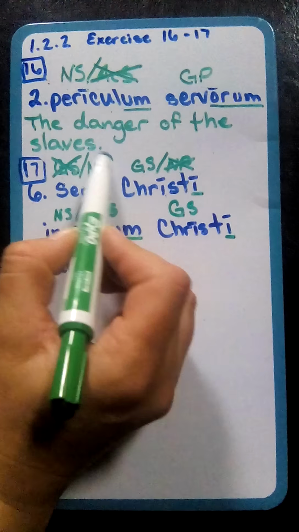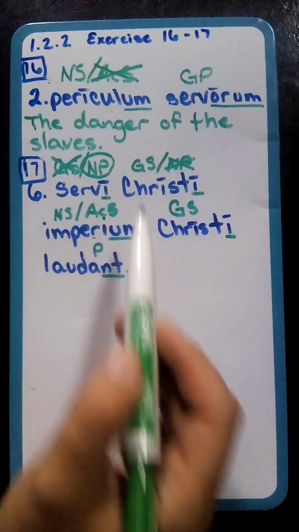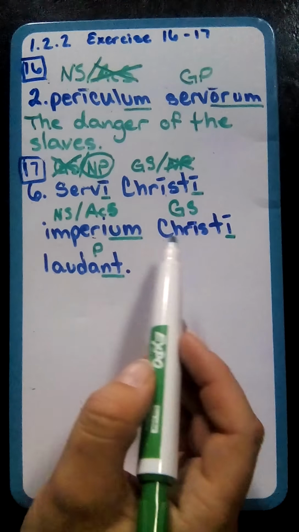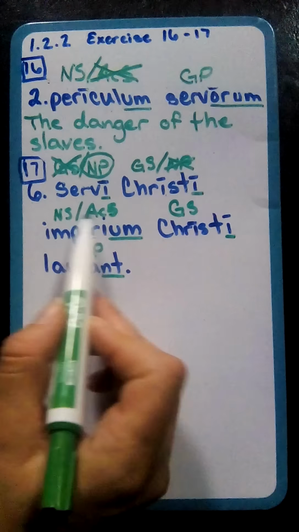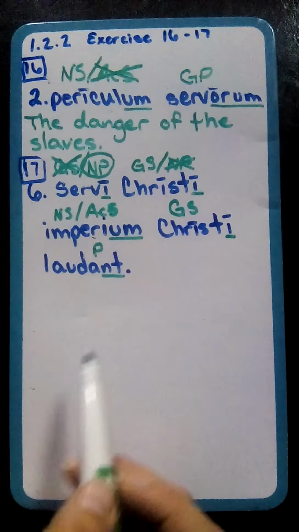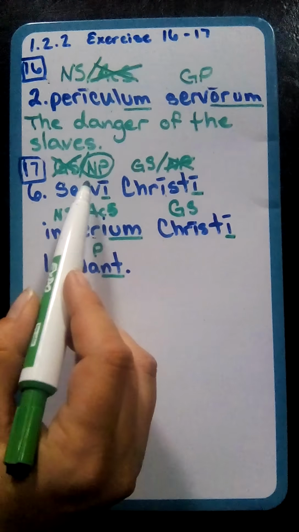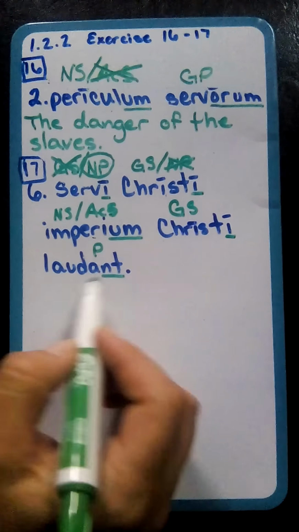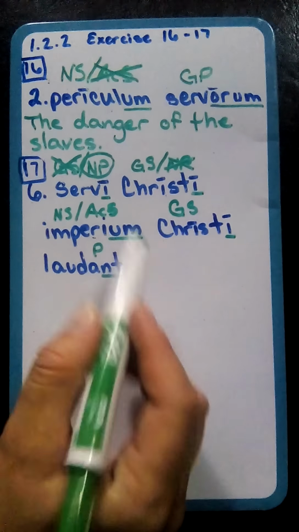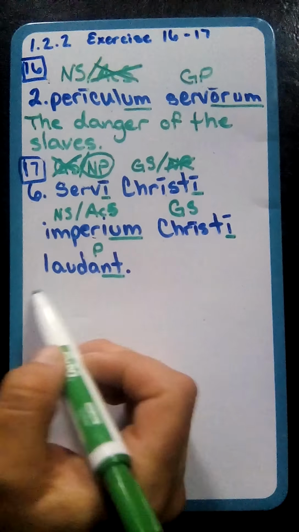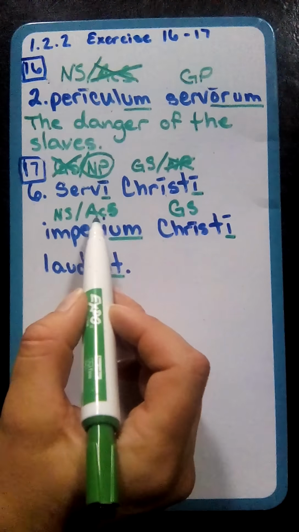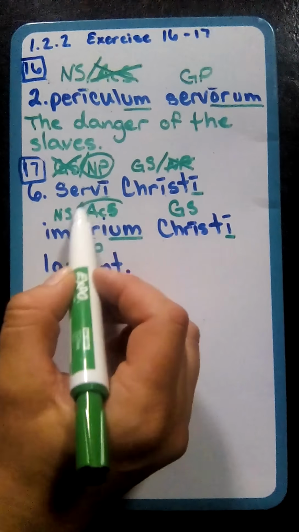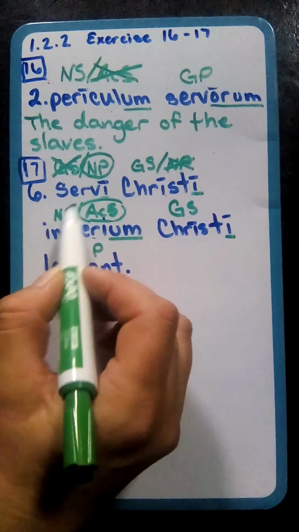So that helps us also determine that servi is our subject. Now imperium has two options. We know it's not our subject because it was not plural like our verb was, and we also know that we have a subject doing something to something. So accusative makes this our direct object.